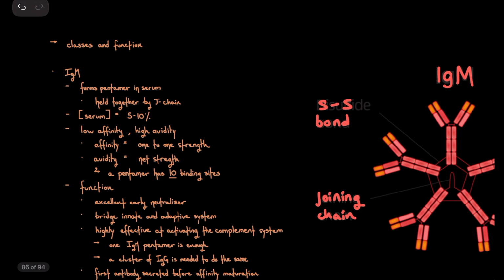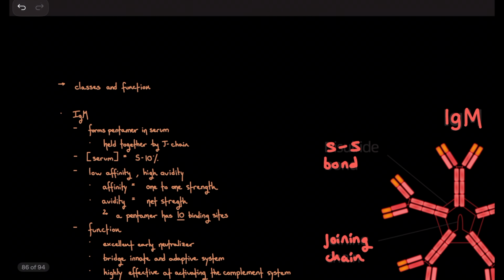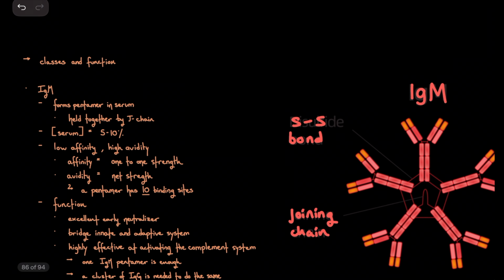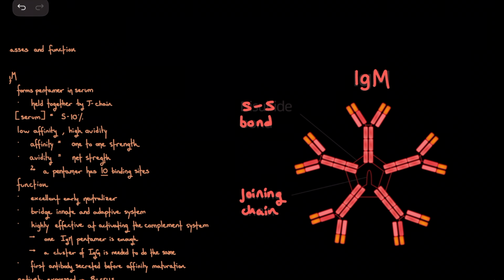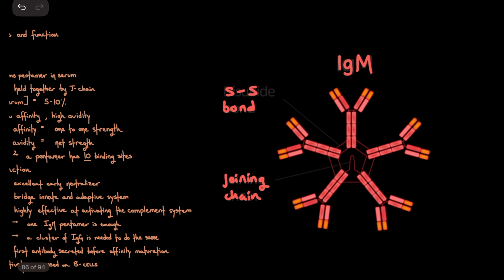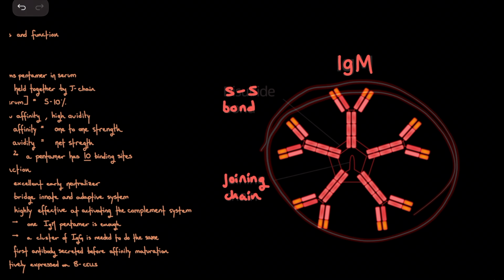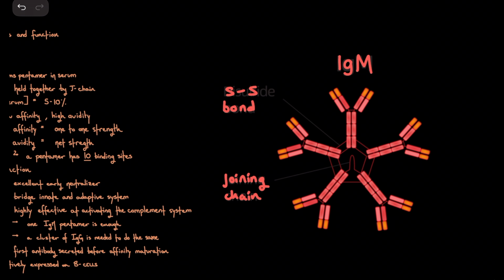The first antibody we're going to talk about is IgM. This guy's a cool character because it always forms a pentamer in serum. So use your context clues. Pentagon, 5. We're going to form a 5-sided chain of antibodies here.